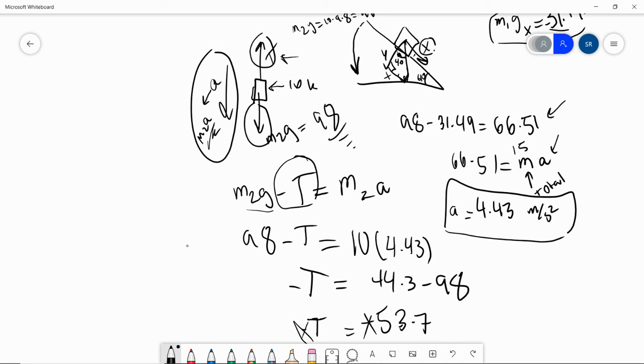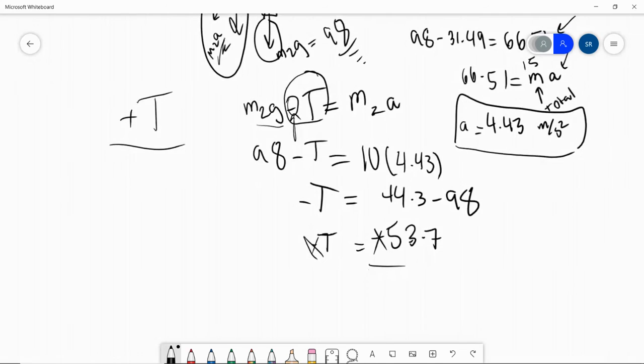We said M2G is going to be with the positive, and this negative sign is why we got a positive number. We presumed that T has to be negative, so we gave it a negative sign ahead of time. Realistically, what I should have done is approach it as a sign-neutral value without any presumptions of what it has to be, and then I would have gotten a negative value out of it.